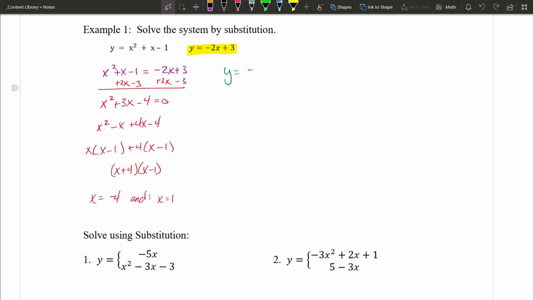So it's going to be, let's see, -2 times -4 is 8 plus 3 is 11. So that point will be -4, 11. And the other one will be y equals -2 times 1 plus 3. And -2 plus 3, excuse me, is 1. So my other point will be 1, 1.